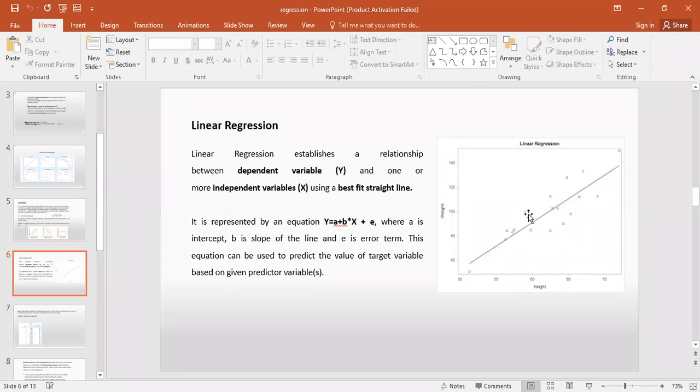We can see here E is nothing but the error between the points and the line. If the distance is closer, then our model has predicted in a good way.